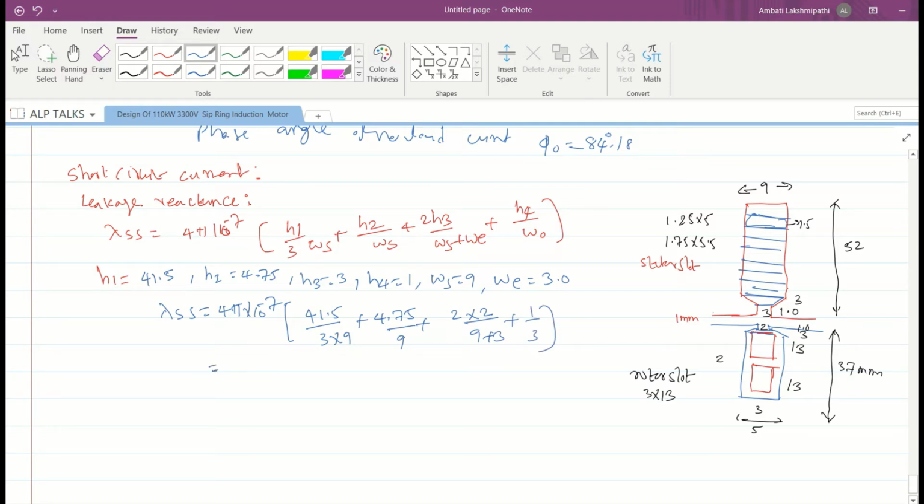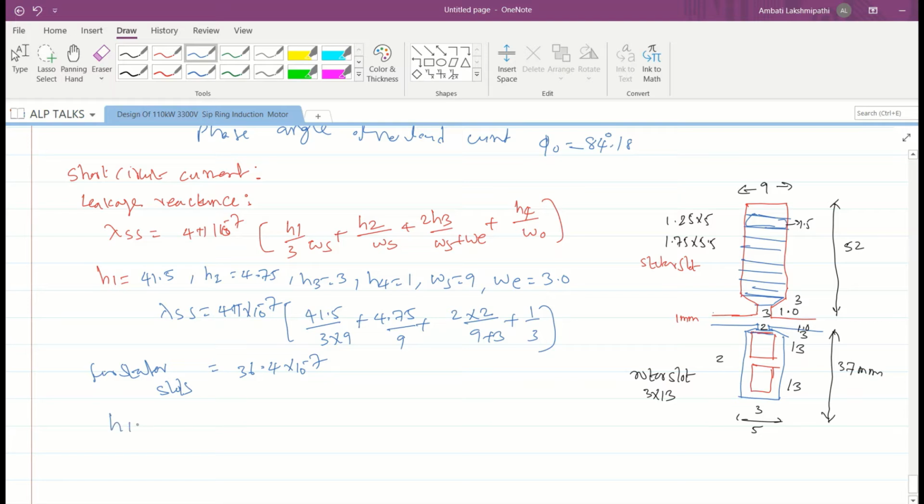So the coefficient we will get is 36.4 into 10 power minus 7. This is for the stator slots.